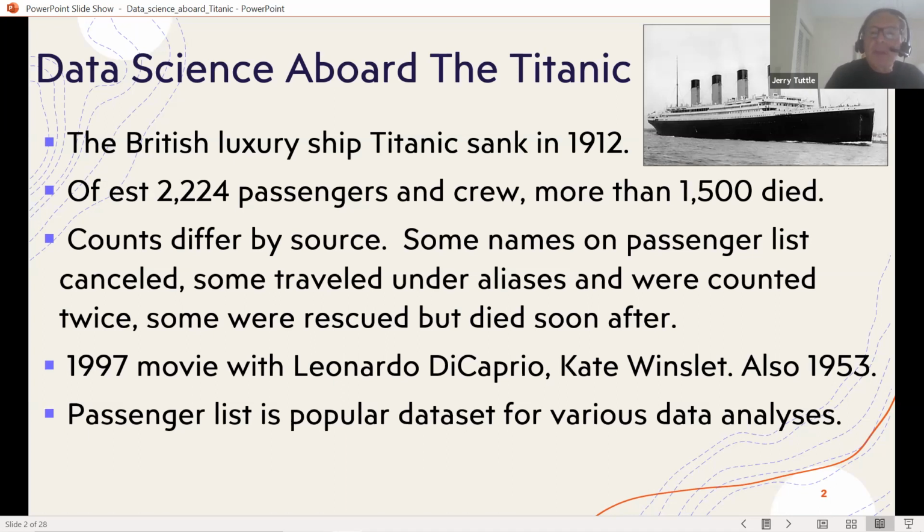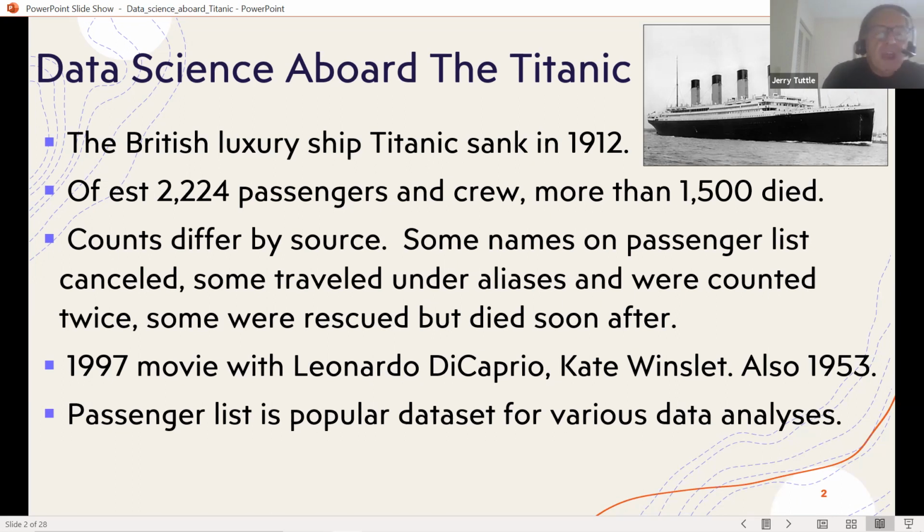Some names on the passenger list canceled and never took the voyage. Some people traveled under aliases and were counted twice. I'm not sure why you would do that, but that seems to have been the case. Some people were rescued soon and then died soon after, so there's a question of how do you count them.